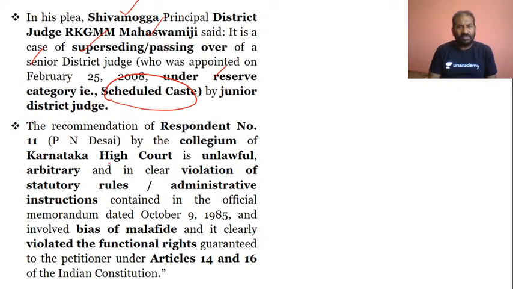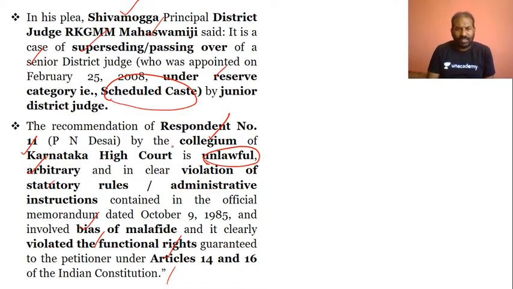So the recommendation of the P.N. Desai by the Collegium of the Karnataka High Court is unlawful, arbitrary, and in clear violation of statutory rules and the administrative instruction contained in the official memorandum dated so and so, and made on the basis of malafide. It is also said to violate fundamental rights, that is Articles 14 and 16, by the one who went ahead with filing the petition.